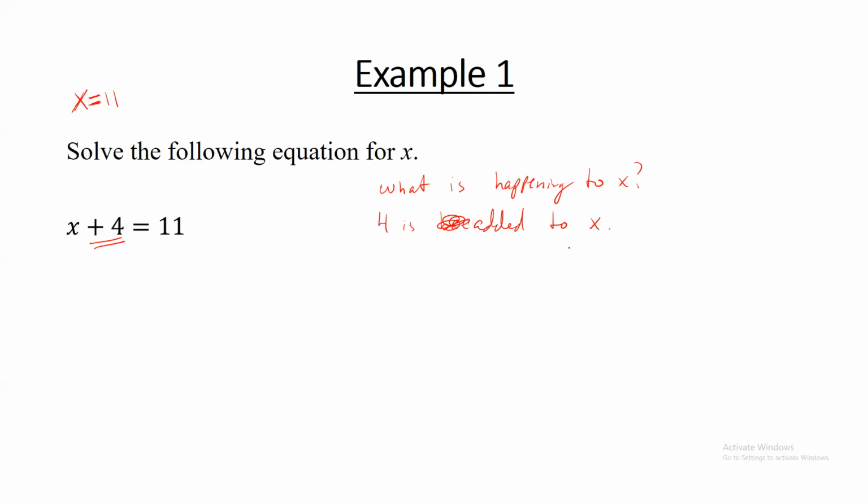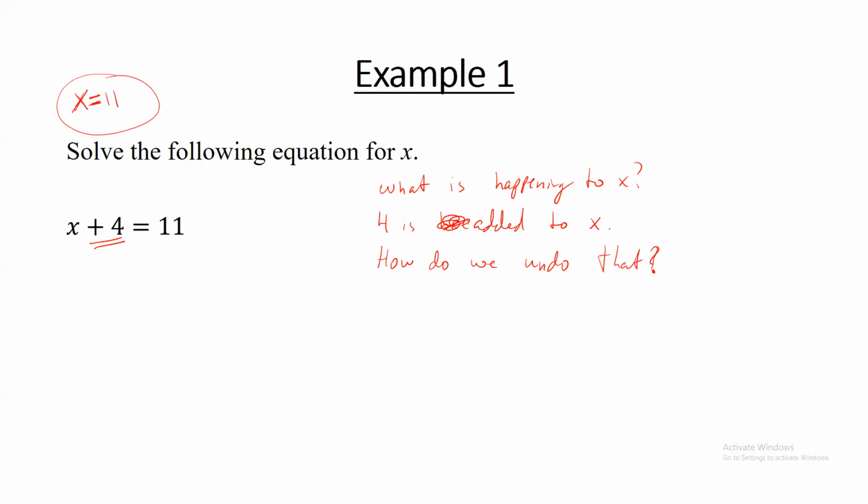Now, the thing is that we don't want anything to happen to x. We really want to get this to a point where x is by itself. So since 4 is being added to x, the next question is, how do we undo that, right? How do we undo that?